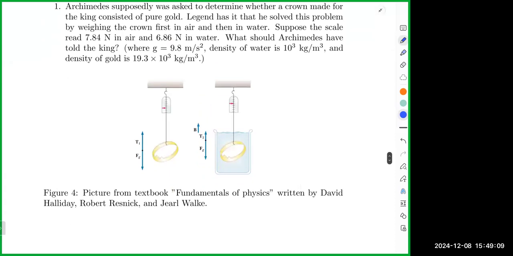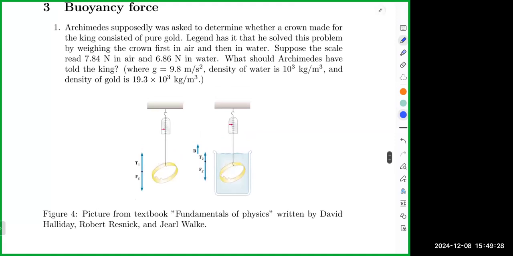Okay, for the next one is the buoyancy force. Archimedes supposedly was asked to determine whether a crown made for the king consists of pure gold.